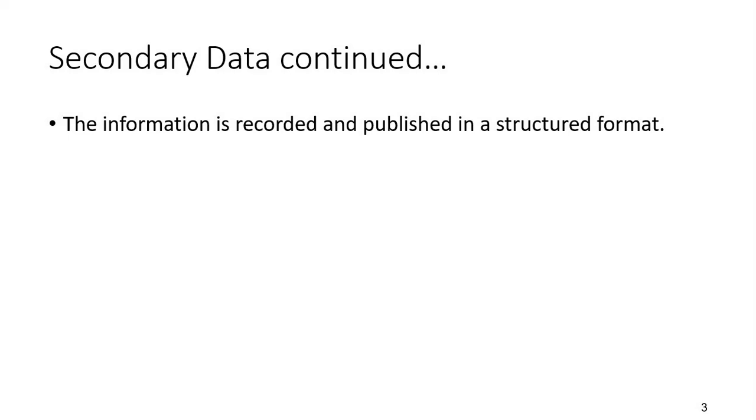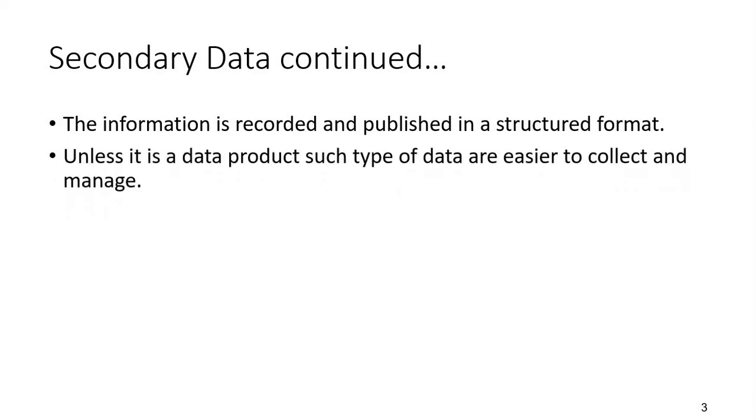Now, as I have said earlier, data collection and compilation is done by someone else, and we are using that compiled data. So obviously, secondary data will appear before us in a structured format. Unless it is a data product, such data are easier to collect and manage.